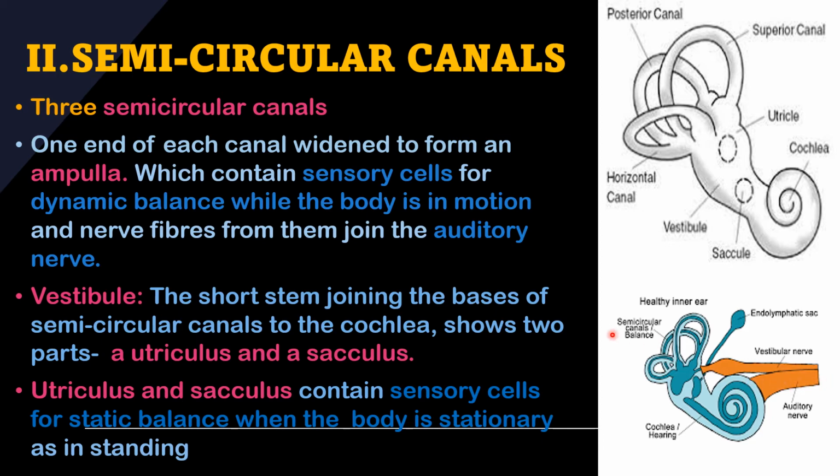The short stem, here you can see the short stem joining the base of the semicircular canals to the cochlea. It shows 2 parts, utriculus and sacculus. That short stem we commonly call the vestibule.